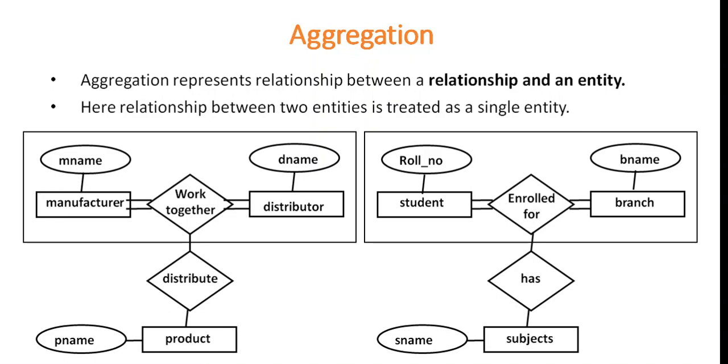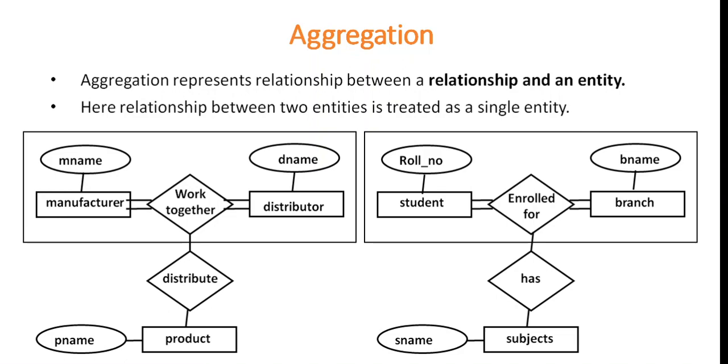So here subject is a separate entity, and student enrolled for branch is a separate entity. Though it is a relationship, we have combined it to form one entity, and then subject is another entity, and between these two entities we have the relationship has. Okay, so this is aggregation.